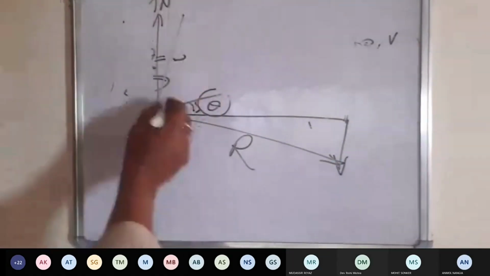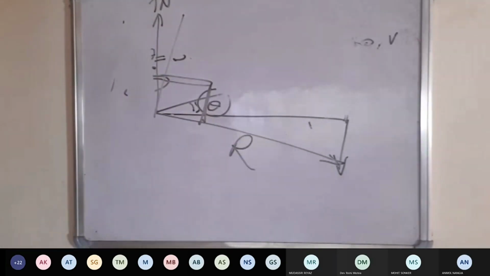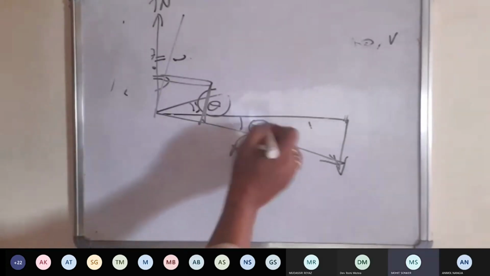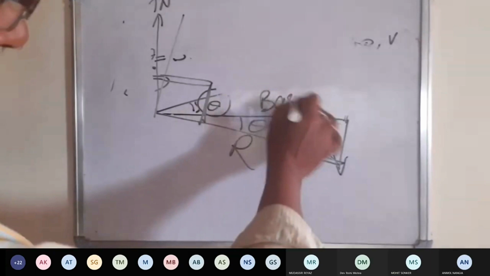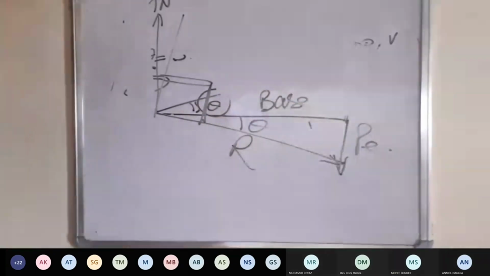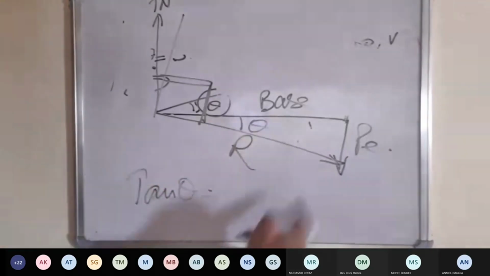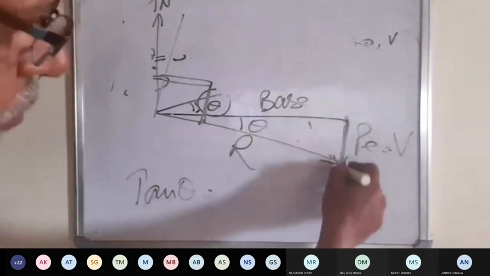Will it not settle down perpendicular to this one? Yes, sir. So again the same theta. Here this is the base and this is perpendicular. So again tan theta is equal to P by B, which is V of the ship, इतना दूर चलती है.